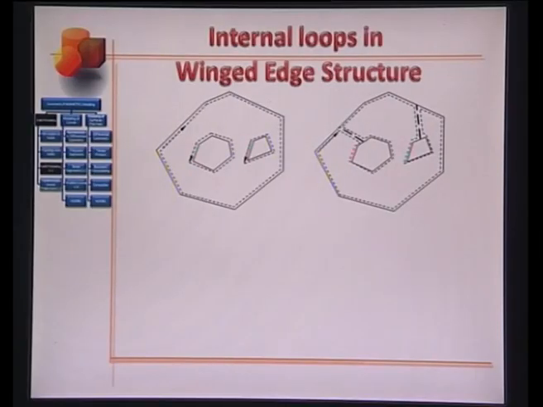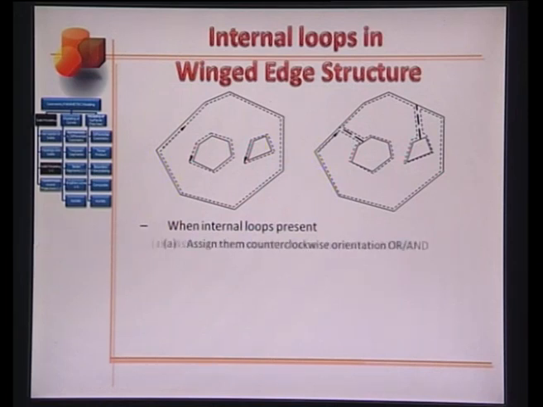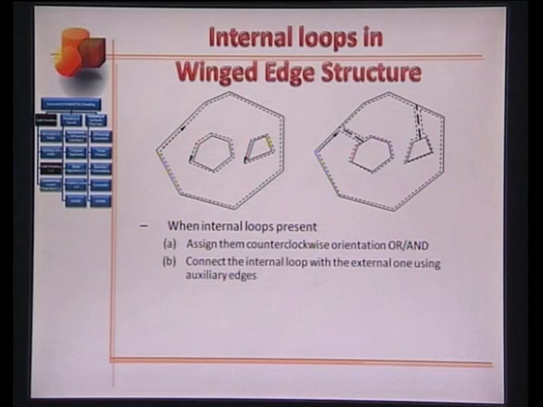These are some candidate faces with a few internal loops. When internal loops are present, we assign them counterclockwise orientation, and we connect the internal loops with the external loop using auxiliary edges.